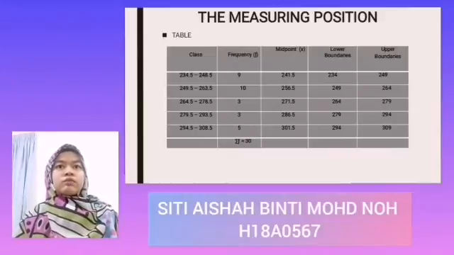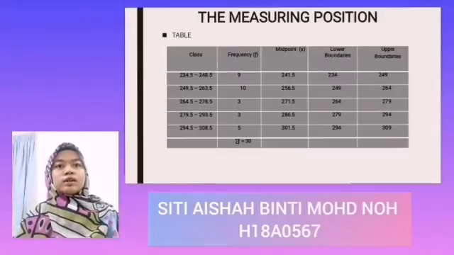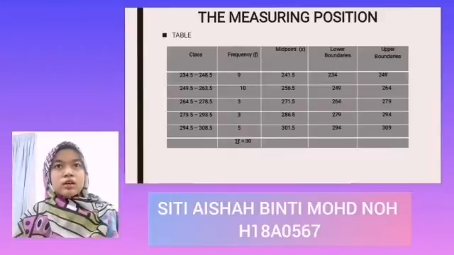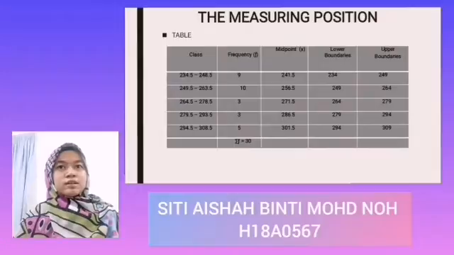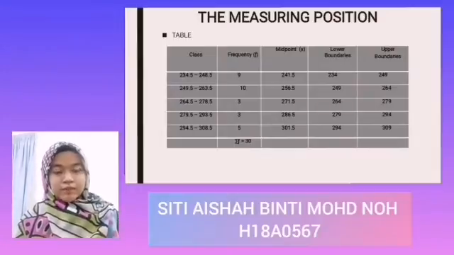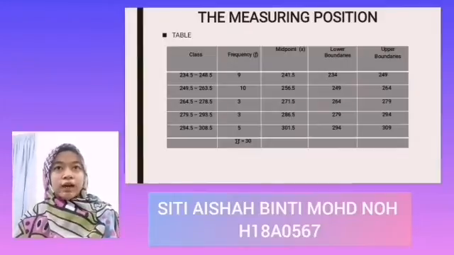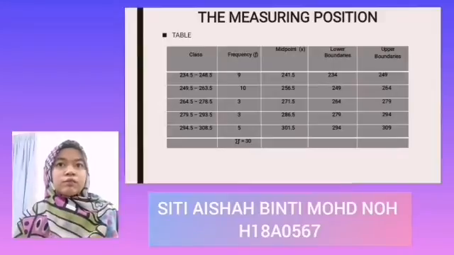Okay, for the next slide, the table of the measuring position. They have a table for class, frequency, midpoints, lower boundaries, and upper boundaries. For the first class, 234.5 until 248.5.